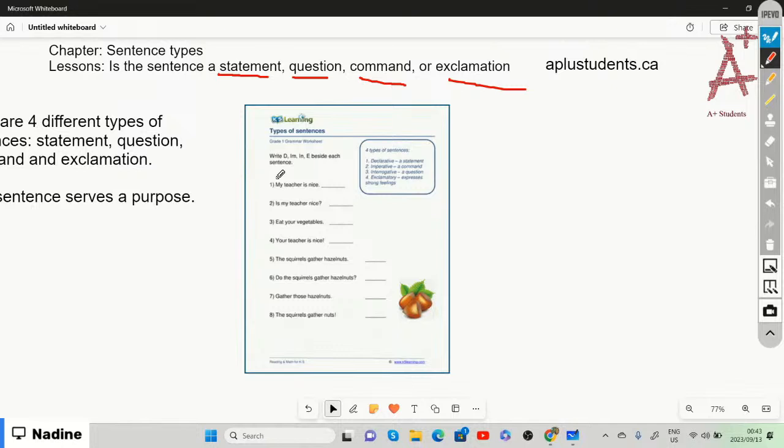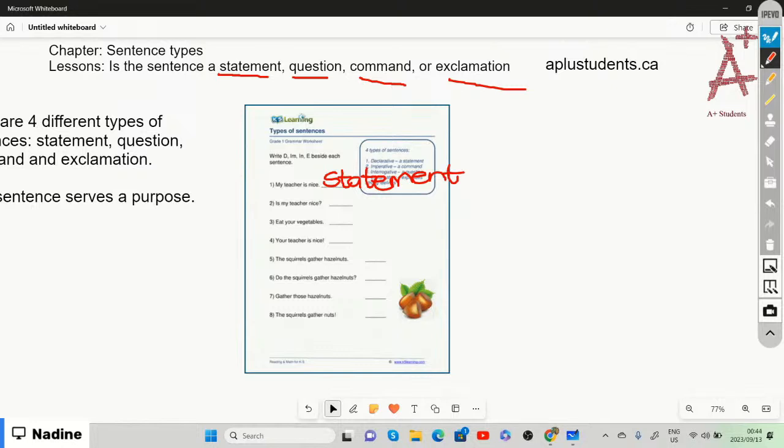This is someone just telling something or telling about something. And if someone is just telling about something, then we can say this is a statement, and it ends with a period.